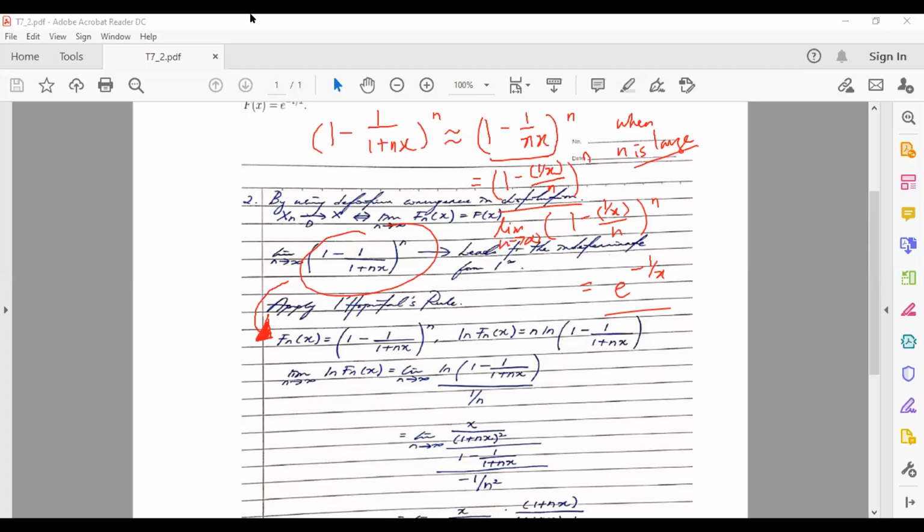So take note that when you have 1 plus nx, when n is large, this 1 doesn't matter. Once this 1 is removed, things become clearer. You suddenly see that this is similar to the limit result for the exponential of x. So with this change, it becomes easy. Okay, I understand, doctor. Thank you.